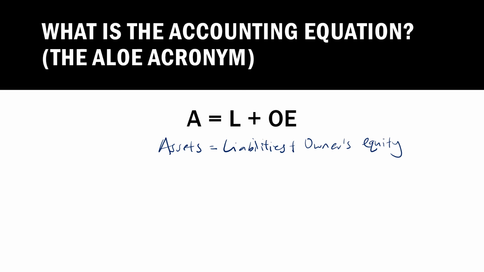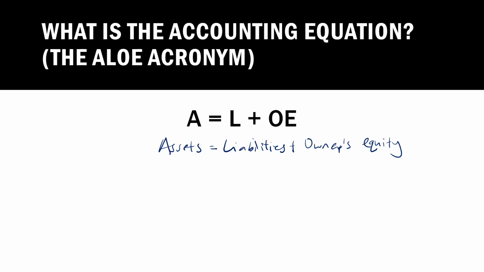And here I introduced to you the word owner's equity because we are focusing mainly on sole proprietorship, meaning businesses that are owned by one person. So this is the interaction of the three elements.